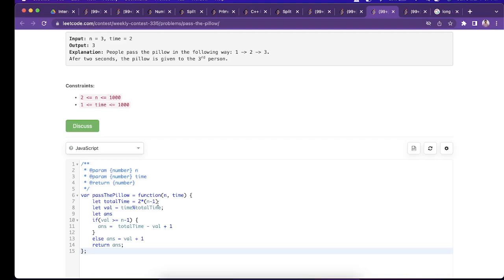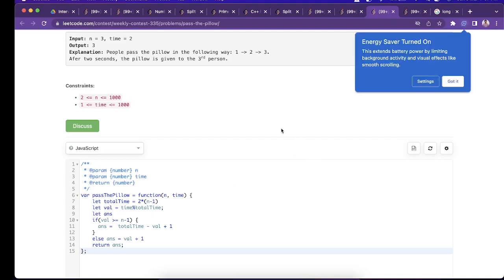And let's suppose we are given some time, and I want to check what is the position of the pillow after x amount of time. That is very simple: we will take the modulus of the time with the total cycle time, and there will be two situations.